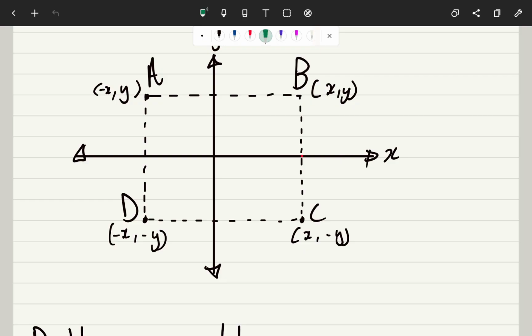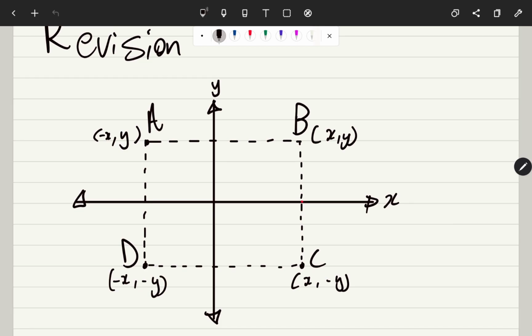In our diagram, we have a Cartesian plane with a couple of points A, B, C, D, and I also made sure that the signs of the x values correspond to the quadrant.